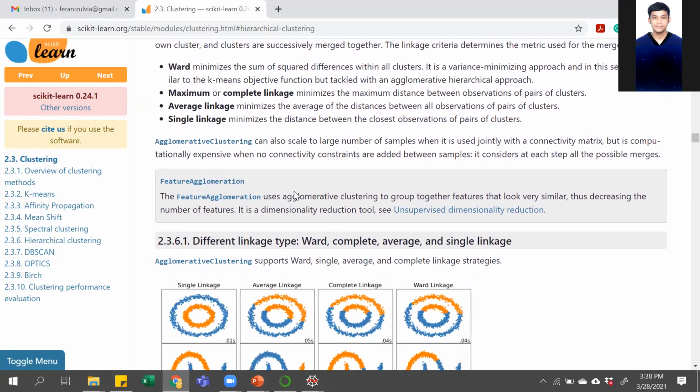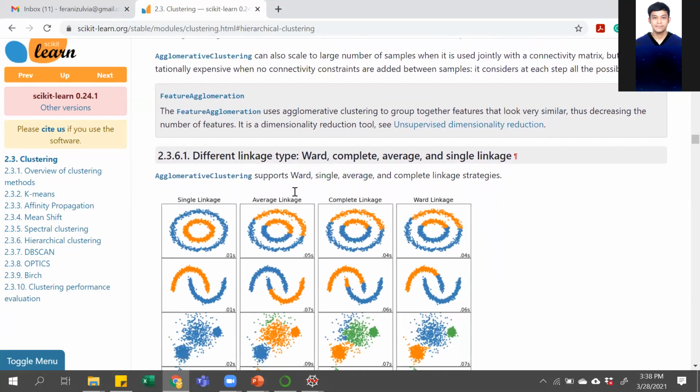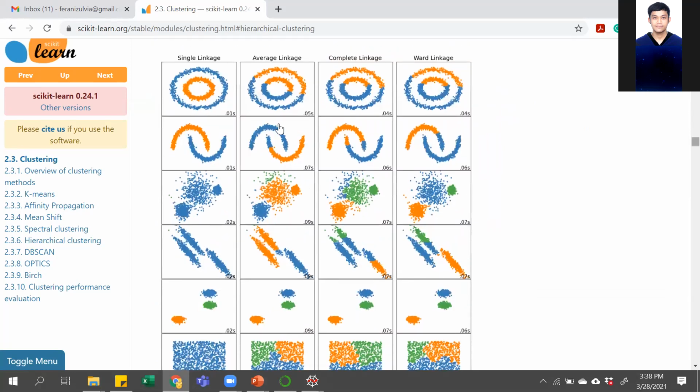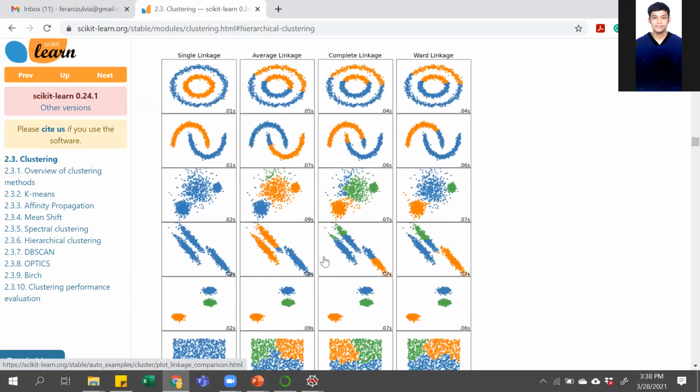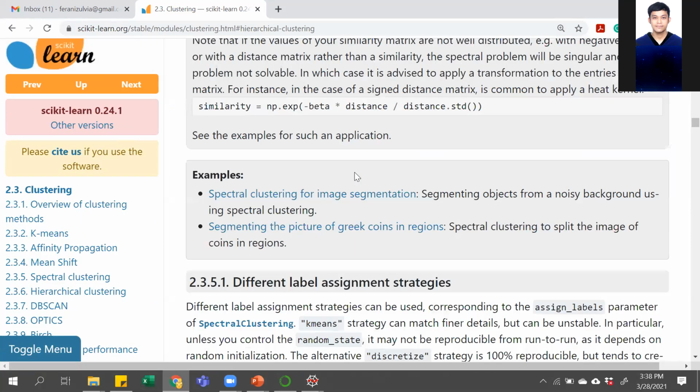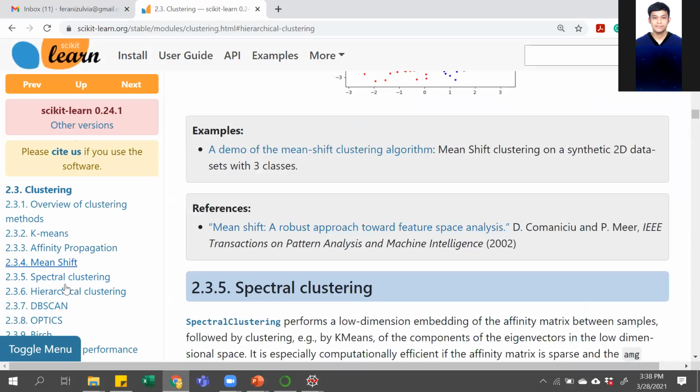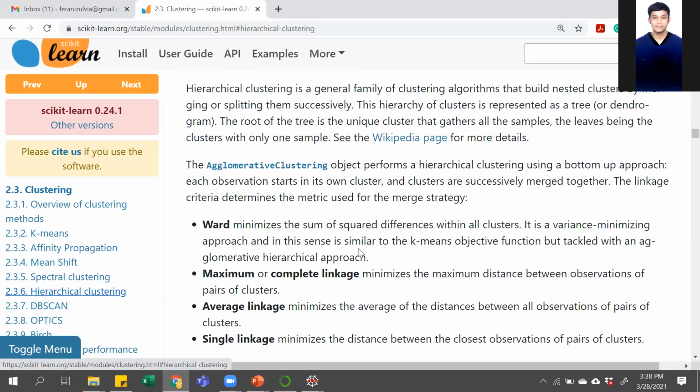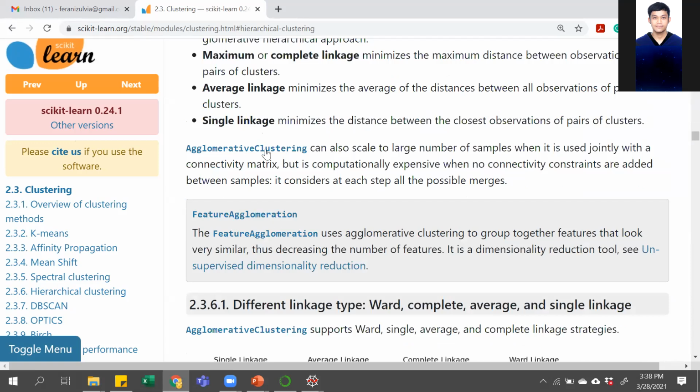Here we see different results if we use different proximity matrices.